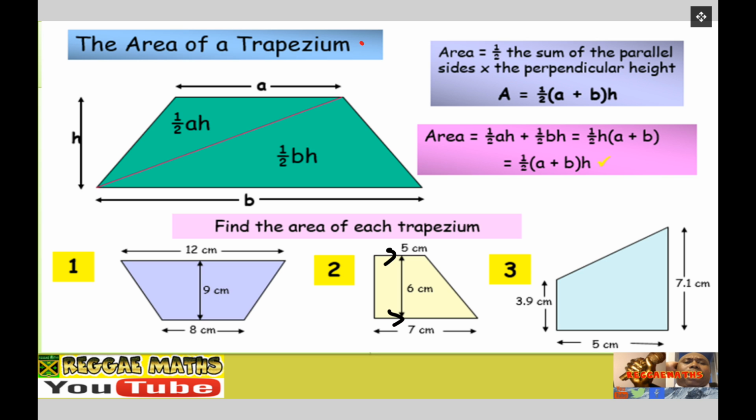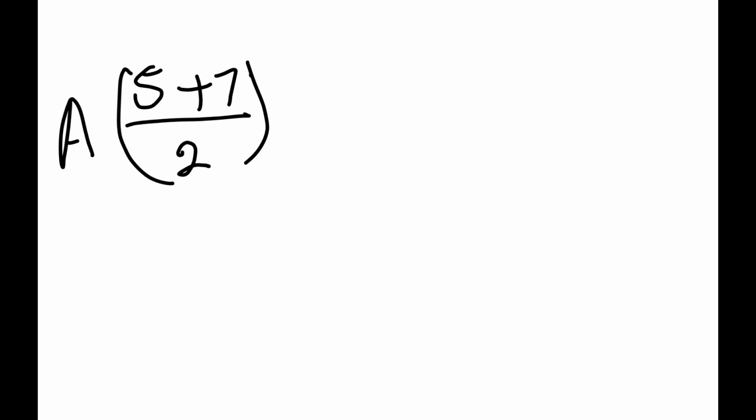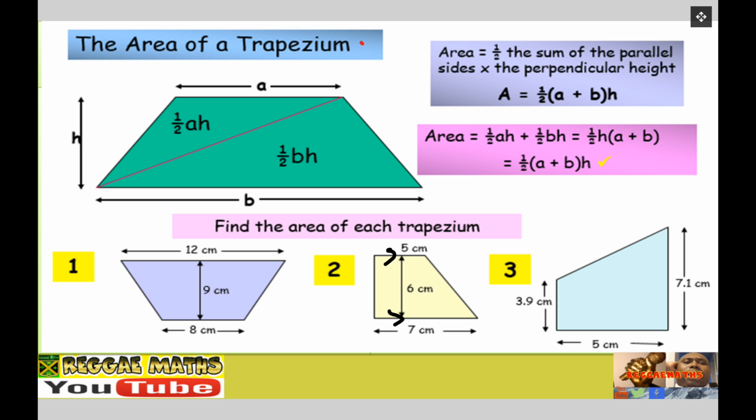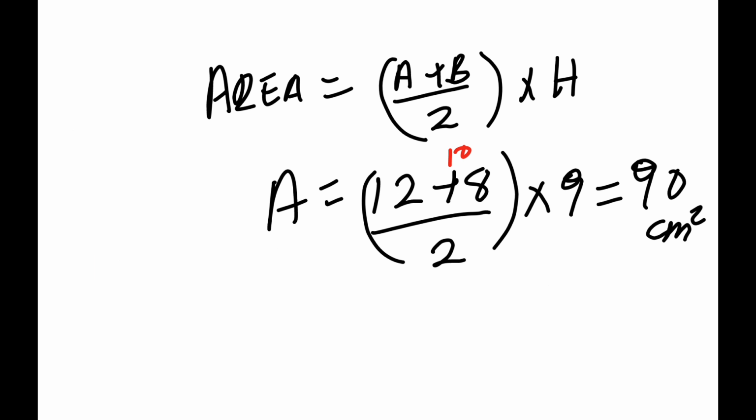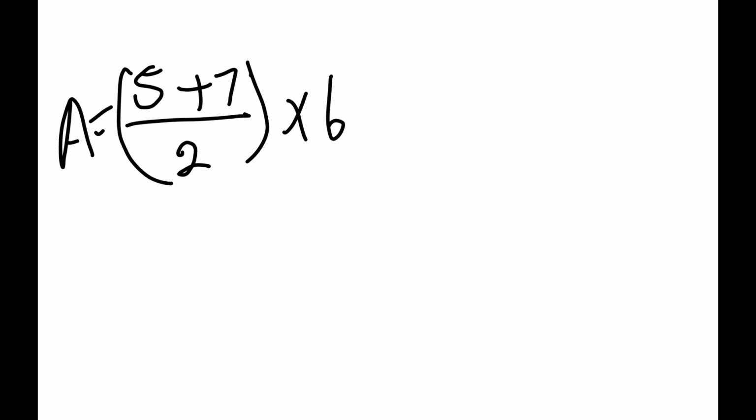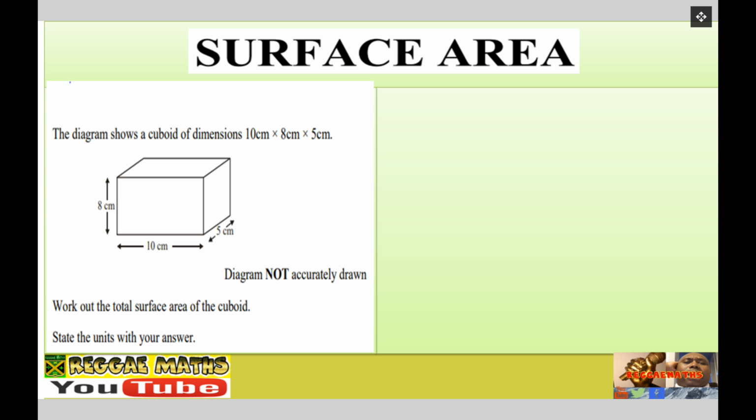The 2 parallel sides are 5 and 7, divided by 2, that's the area, times by the perpendicular height, which is 6. And the next one I'm going to set out for you also.